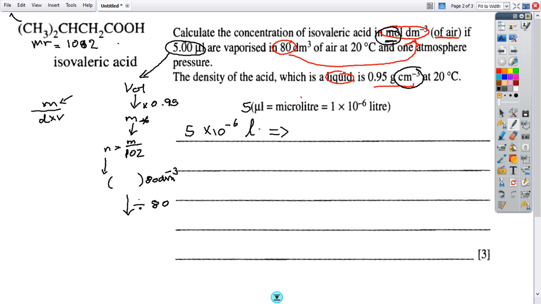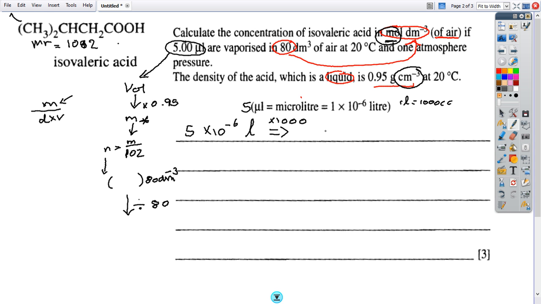So we have 5 times 10 to the minus 6 liters, and if we want to go from liters into cubic centimeters, well, 1 liter equals 1000 cubic centimeters, so therefore we take that value and we multiply it by 1000.